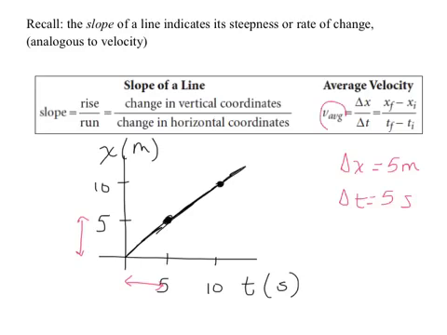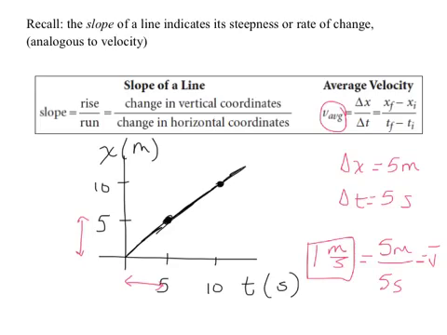By definition, the velocity is the delta x over that time. It's the same thing as finding the slope of this line. So we have 5 meters every 5 seconds, which gives us an average velocity of 1 meter per second. And 1 is just the slope of this line, really, too.